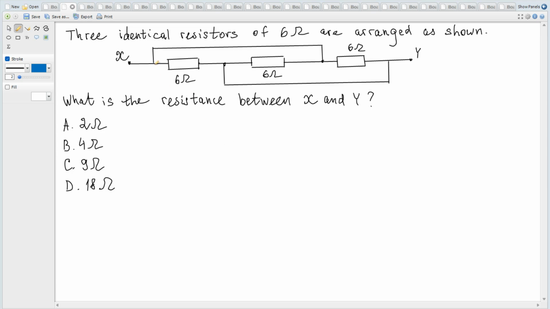and we can remove them by connecting this point together with this tail to this point, as well as this point together with this tail to this point.